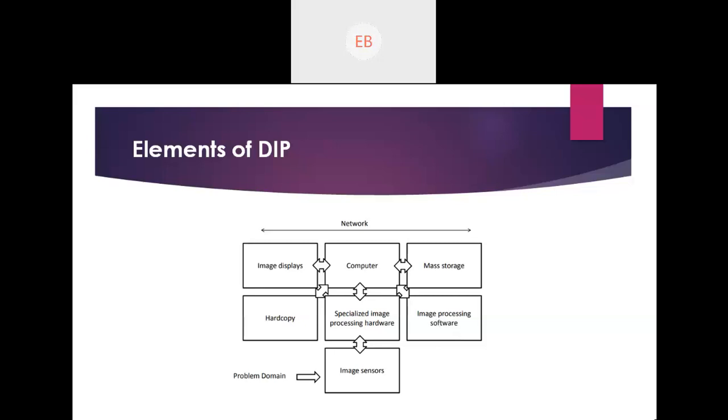We had three types of mass storage capability, if you can remember. Ma'am, short-term, online storage, archival storage. So then why do we use the mass storage? To store the data when we perform operations on the image. Okay, good.